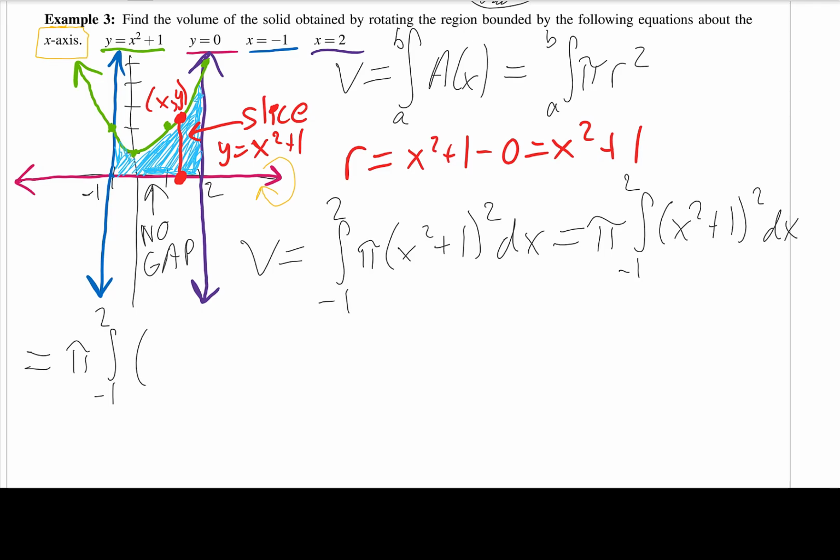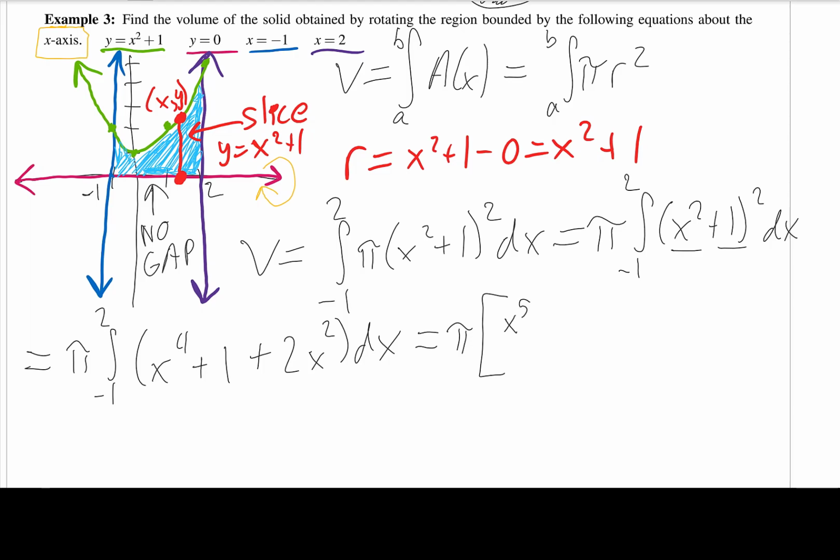So this x squared plus 1 squared, you just do the first term, square it, so it's x to the 4th, plus the second term, square it, so 1 squared is 1, plus 2 times the first term times the second term, so times x squared times 1, so just 2x squared dx.